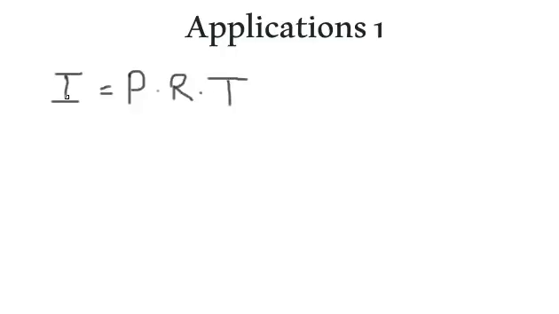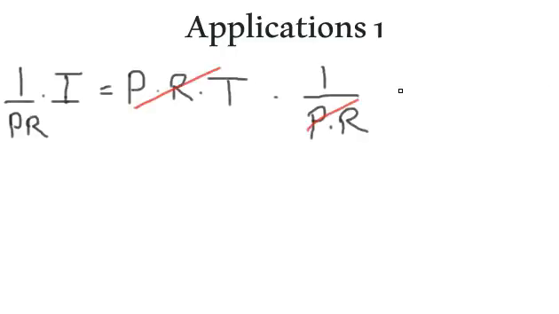So in this particular case, we're asked to solve for time. So what I'm going to do is get time by itself, and that means I'm going to multiply both sides by 1 over P times R. So as you can see, those cancel out, right?